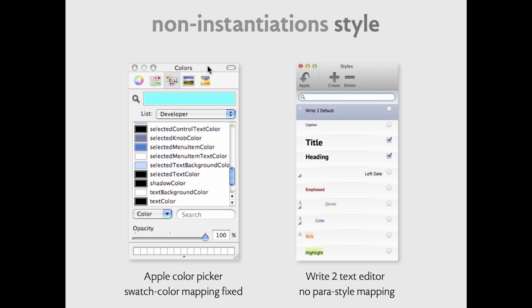The reason in these two cases, in the case of the Apple Color Picker, is that the swatch color mapping is fixed. So you'll find that if you go to one of those swatches, you can't change it. You can only delete and add new swatches. And in the case of the text editor, there's no mapping between elements and styles. It doesn't remember that a paragraph had a particular style. So you can apply it, but you can't update it.